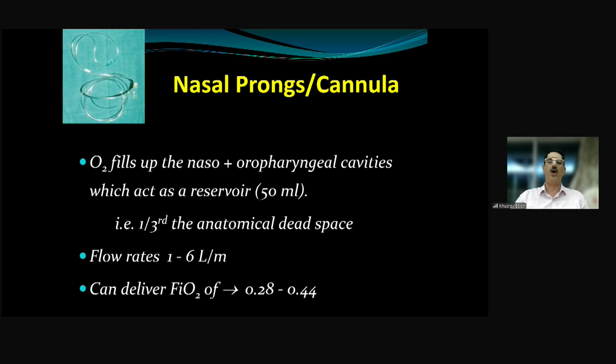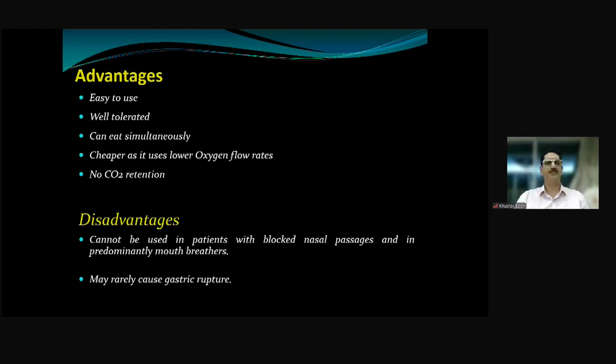And here you cannot give more than 6 liters, otherwise it is very claustrophobic and it dries up the nasal passage. So when you give 1 to 6 liters per minute, you are giving an FiO2 of only 0.28 to 0.44.